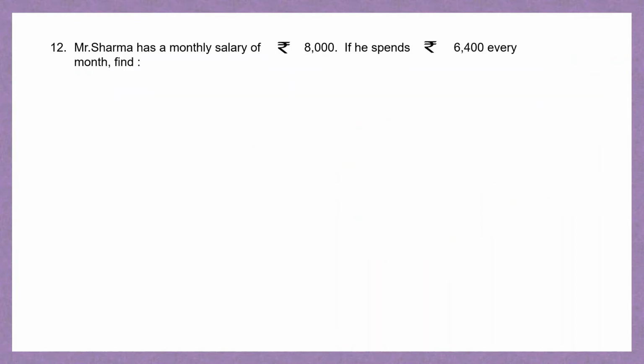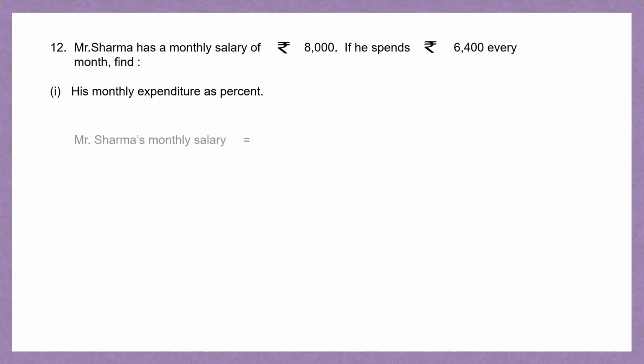Question 12. Mr. Sharma has a monthly salary of 8,000 rupees. If he spends 6,400 rupees every month, we need to find first his monthly expenditure as percent. So salary is 8,000 and he's spending 6,400 rupees. So that is his expenditure. Now we need to find that as a percent.